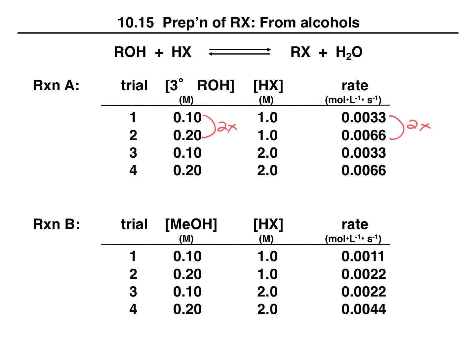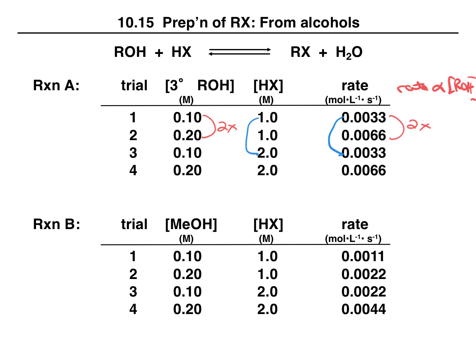This tells us that for a tertiary alcohol, the rate of the reaction is proportional to the concentration of the alcohol. Next, if we compare trial 1 to trial 3, we're keeping the concentration of alcohol constant, and we are increasing the concentration of HX, but this time there is no change in the rate of the reaction.